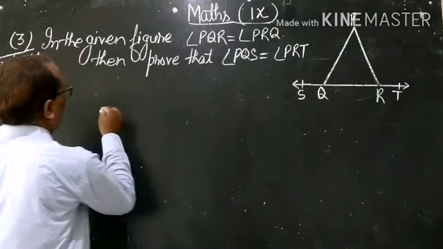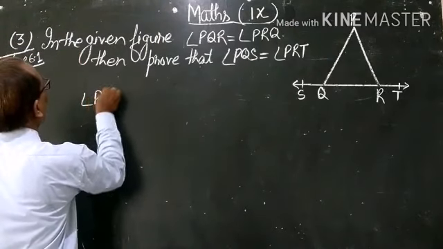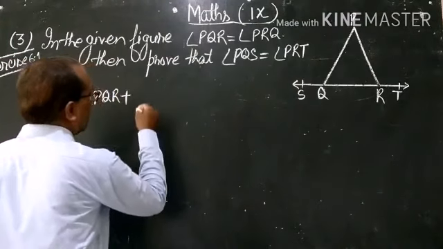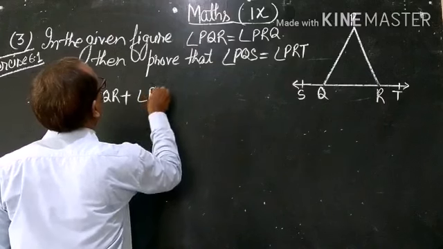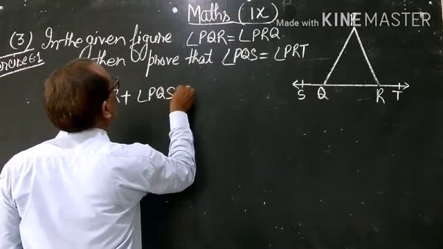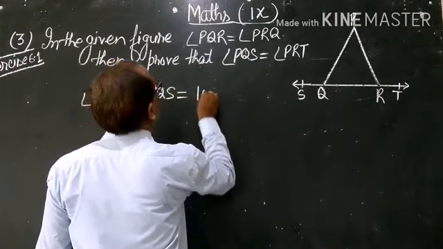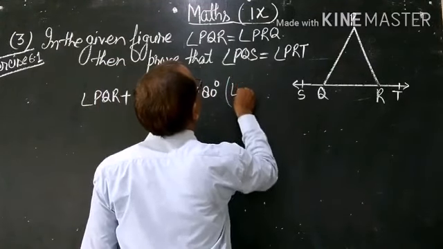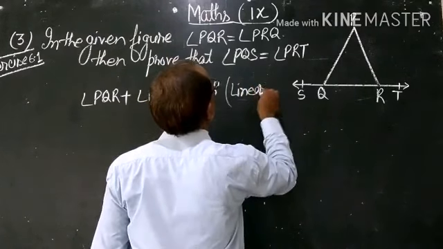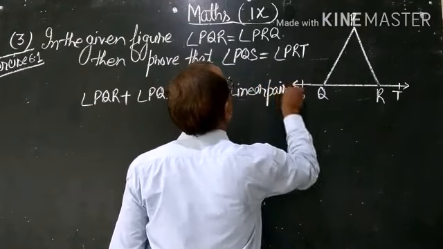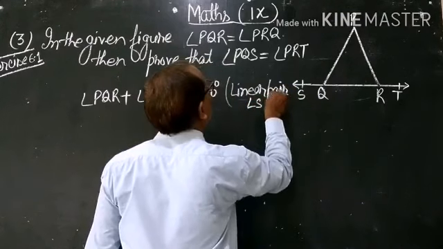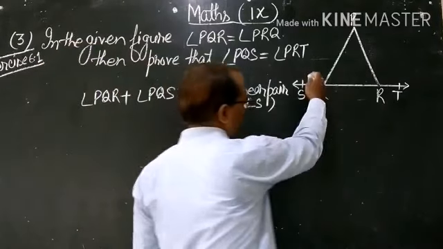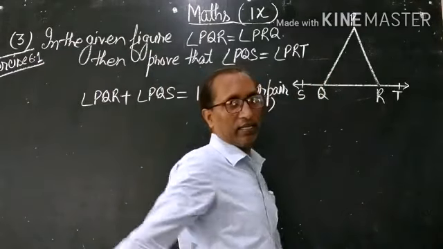Angle PQR plus angle PQS is equal to 180 degree by linear pair, by the property of linear pair angle. These are two angles which make a straight line.